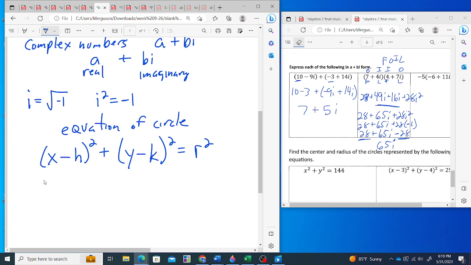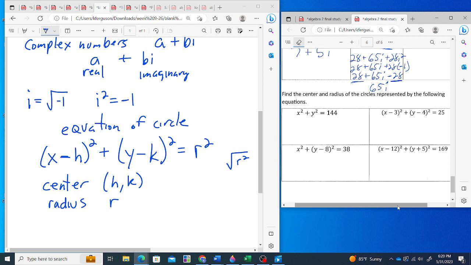If this is my equation, the center of that circle is h and k. That's my x coordinate, that's my y coordinate, if we're talking about 2 dimensions, of course. And it's in this format, x minus h, y minus k. That's where I get my h and k from. And then my radius for my circle is just r. Well, if this is r squared, if I want to get r, I want to take the square root of r squared.